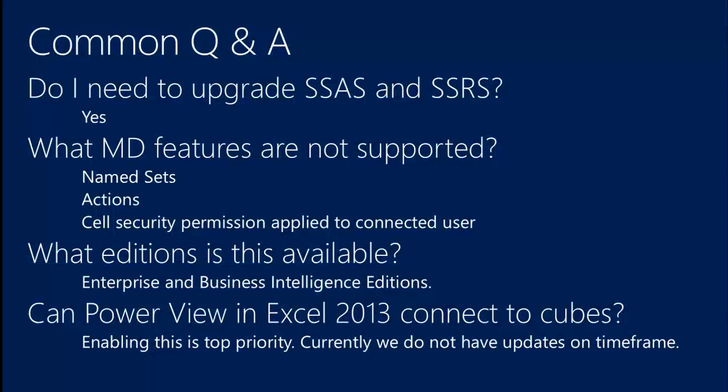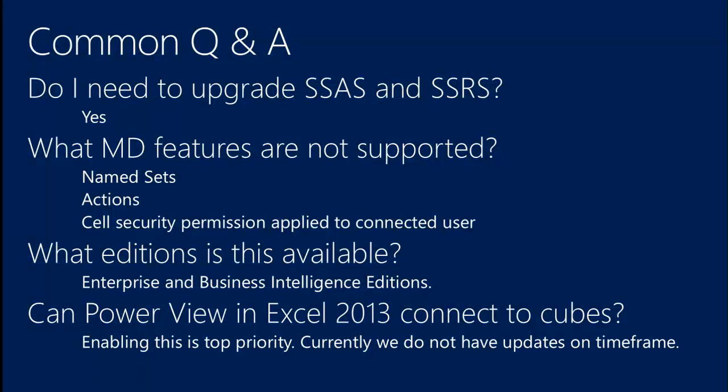So, common questions and answers. Do we need to upgrade SSAS and SSRS? Yes. You need to update both Analysis Services, multidimensional cubes, and Reporting Services. What multidimensional features are not supported? I think the biggest one is named sets. Named sets are not supported.